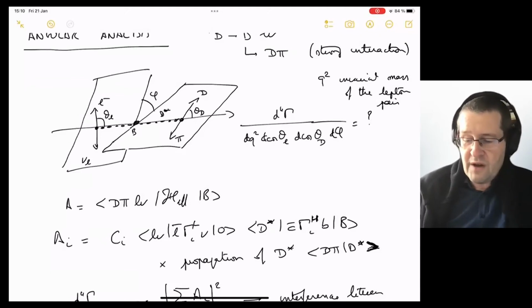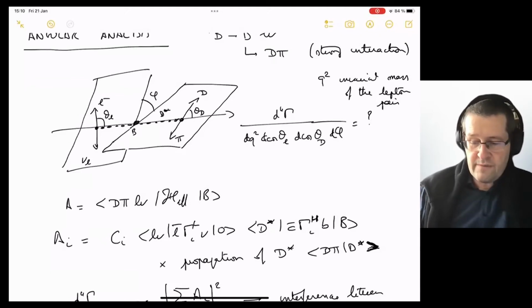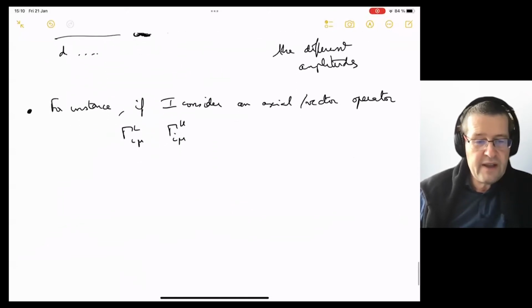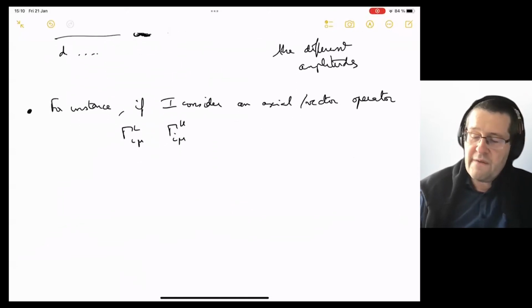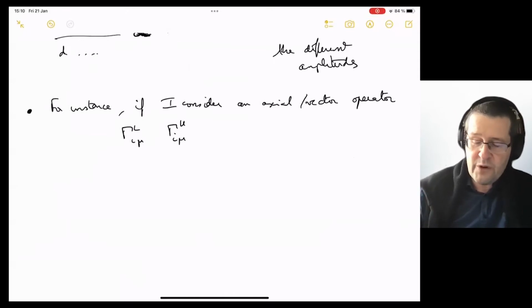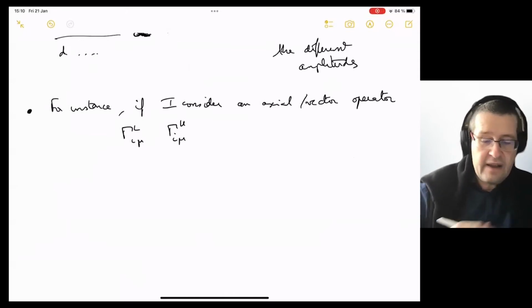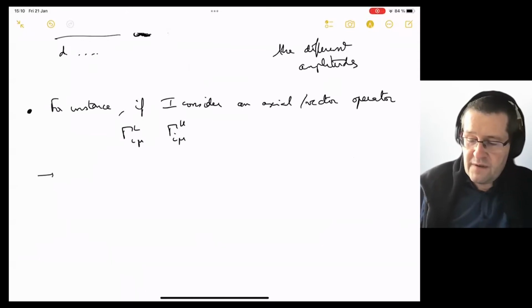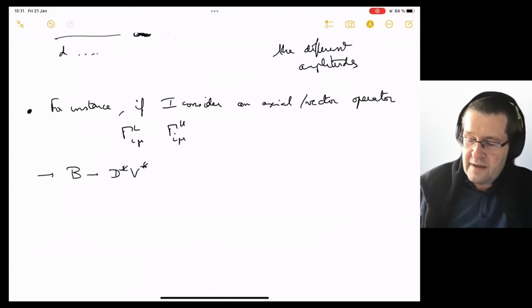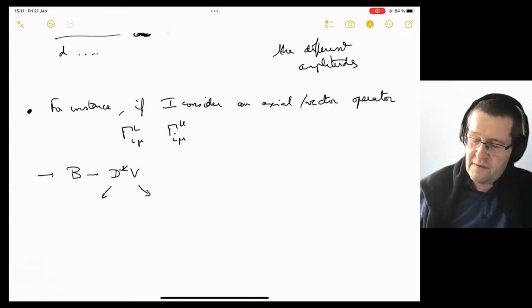And actually you can think also that there is a virtual W that is present here, and that will also carry some kind of polarization. And so that's why it's then interesting to think in terms of, let's put it V, that's for me.